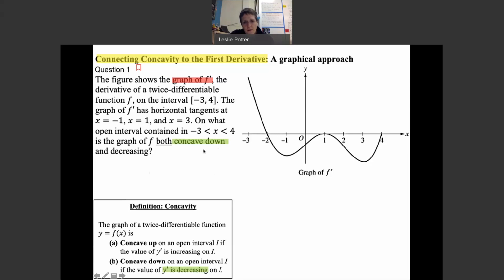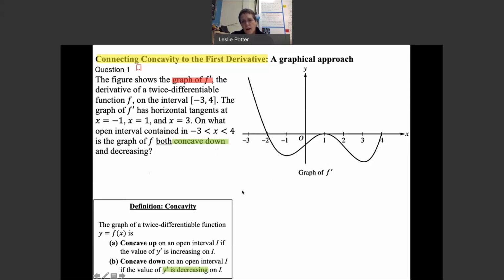So we can look at this the same way we look at functions. We're looking for where y prime is decreasing. Well, this is y prime. This is the graph of the derivative, and decreasing means it's going down in value. So pause the video for a second and think to yourself, where on this graph are we decreasing our values?